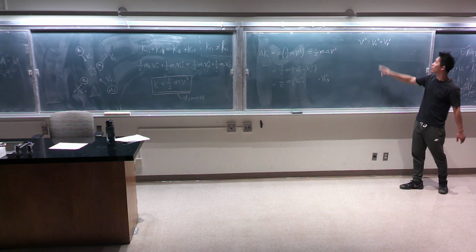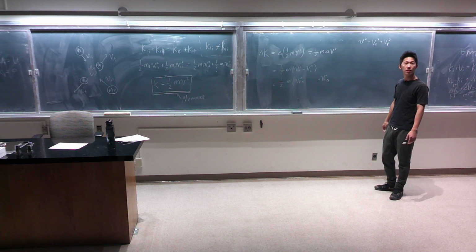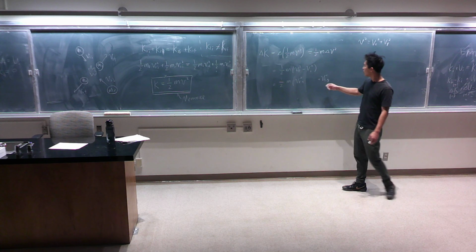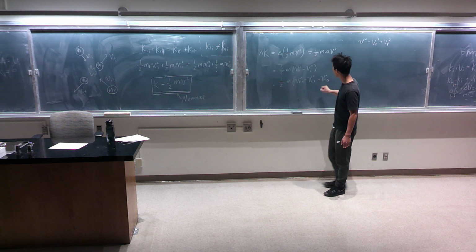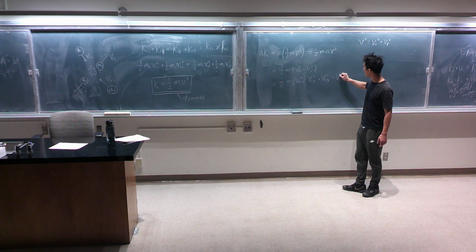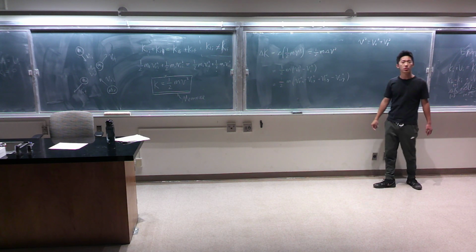You need to do Pythagoras theorem to sum the square of the components. So this term will have the difference in the x component squared plus the difference in the y component squared.